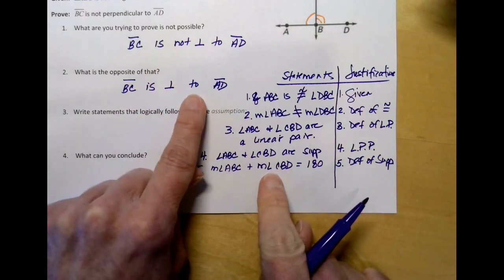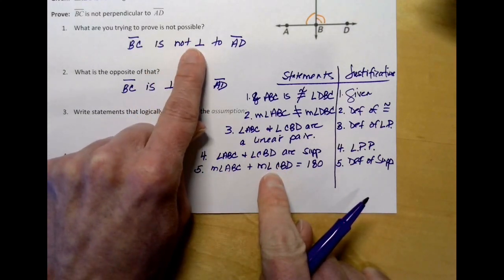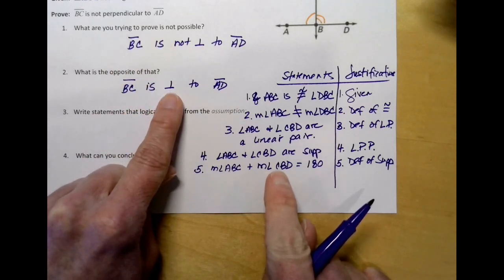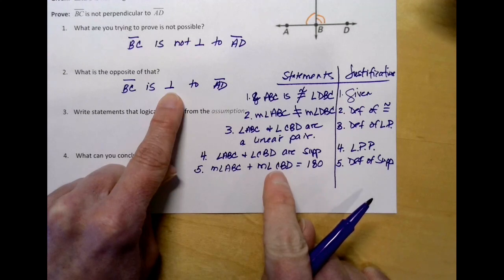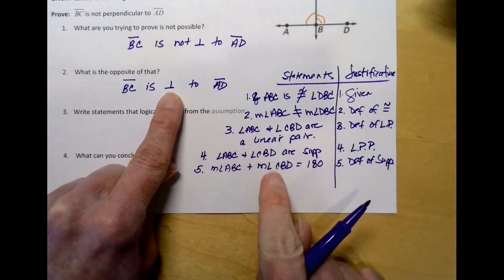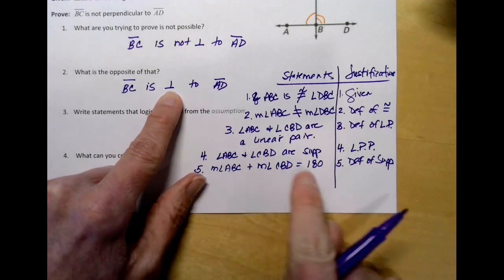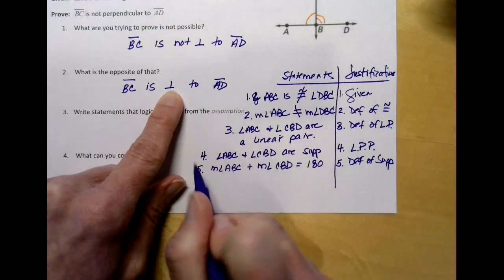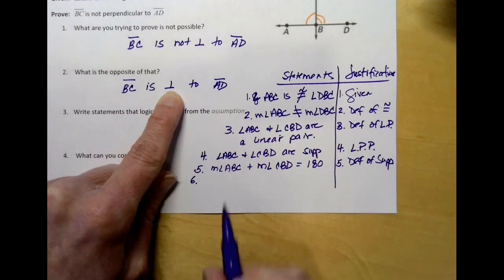All right, let's think about where I'm going here. I know that I'm trying to prove that they're not. I'm saying that they are perpendicular, which would be my assumption. So let's say that they are perpendicular, and I know that they are equal as a sum to 180 degrees.